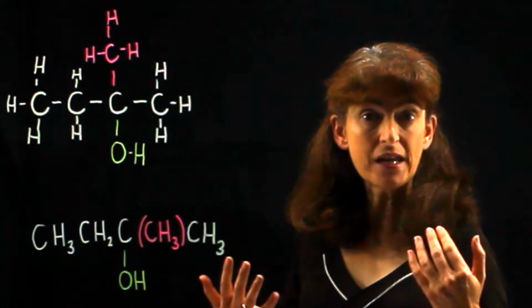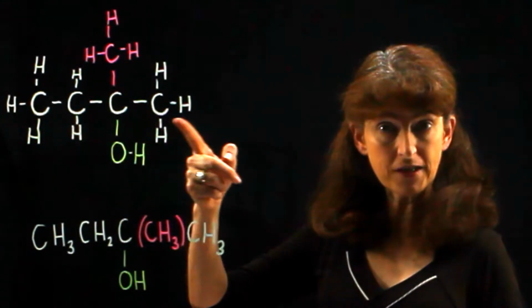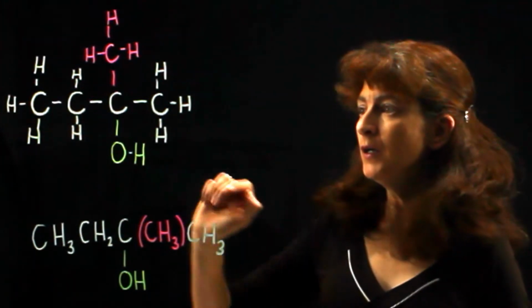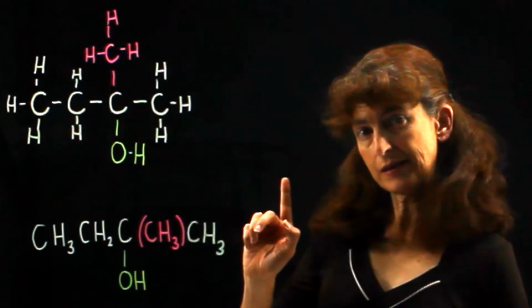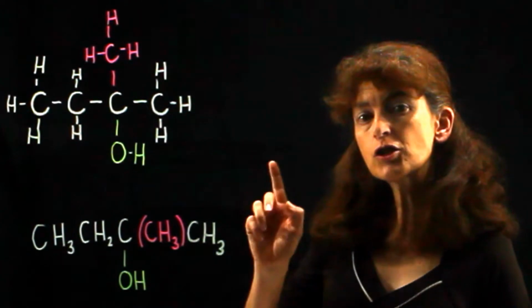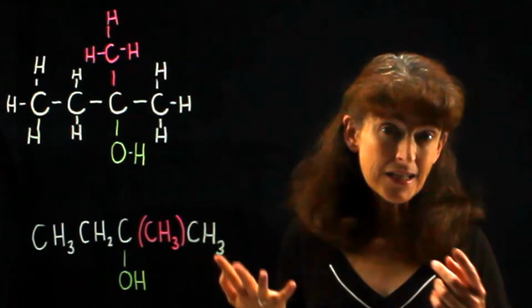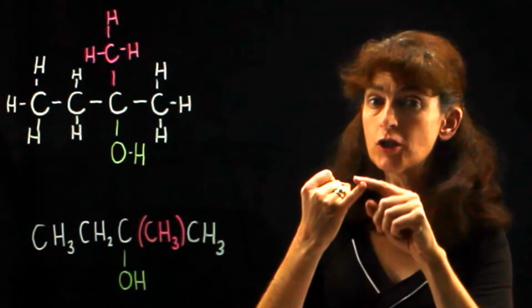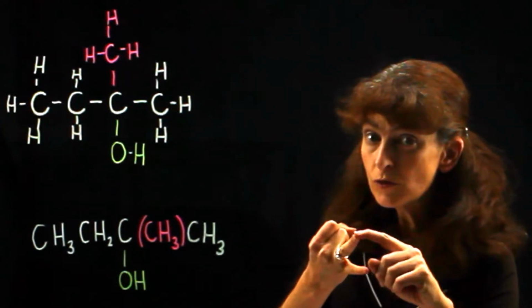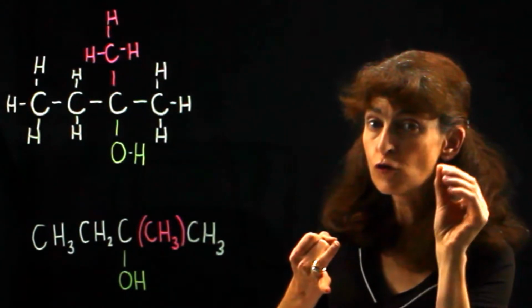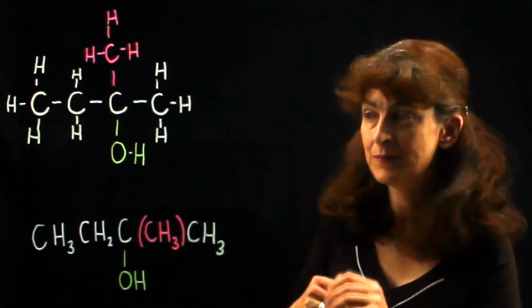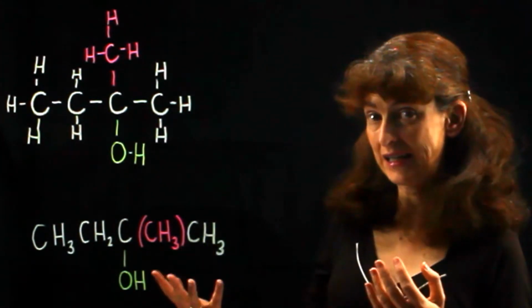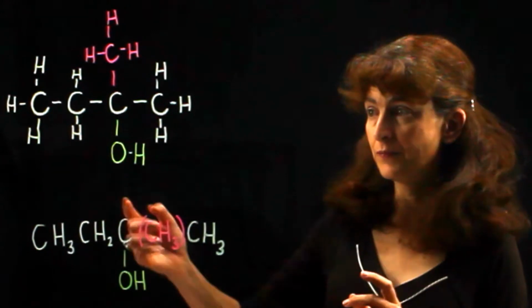Next, we need to give the IUPAC name of this alcohol. The first step in doing that is to decide on the main chain. The main chain, 1, must be the longest carbon chain, 2, that has the functional group attached to it. Now, in this particular case, there are 2 options.